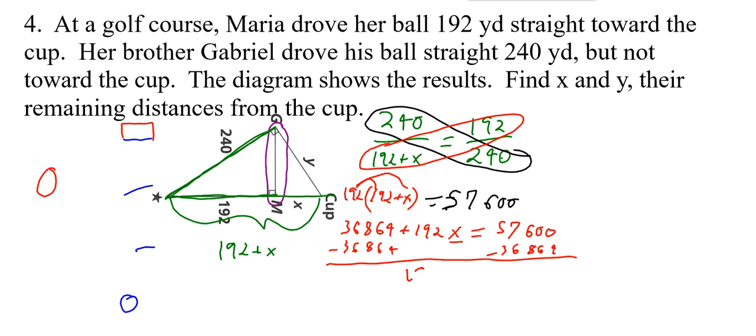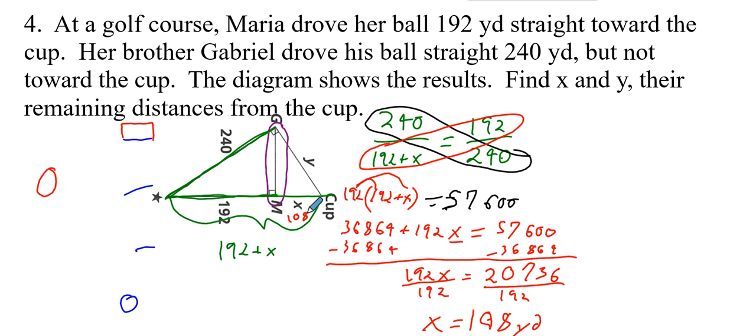I'm left with 192x equals 20,736. When I divide both sides by 192, I get x is equal to 108 yards. So Maria still has 108 yards to get to the cup.